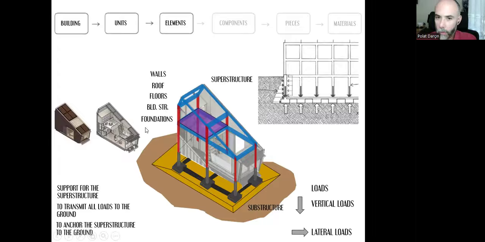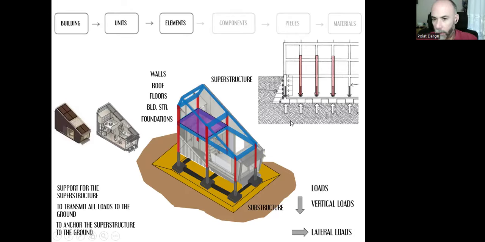The loads that come from the superstructure, all the loads, the sum of all the loads. So our foundations need to meet and carry these loads, and the foundations need to transfer the loads to the ground here.